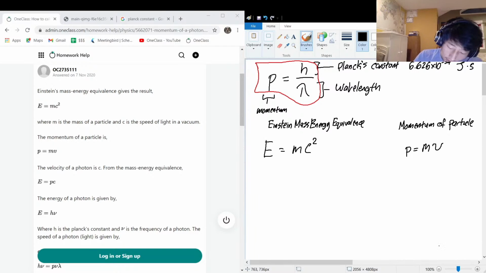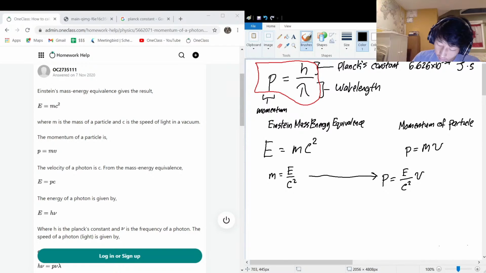Okay, if we were to isolate mass out of here, we would have mass equals energy over c squared. Sub that into here for mass. The momentum is equal to the energy that it has divided by c squared, which is the speed of light, multiplied by the velocity of the particle.